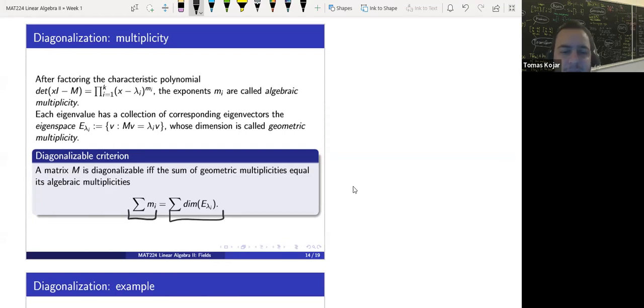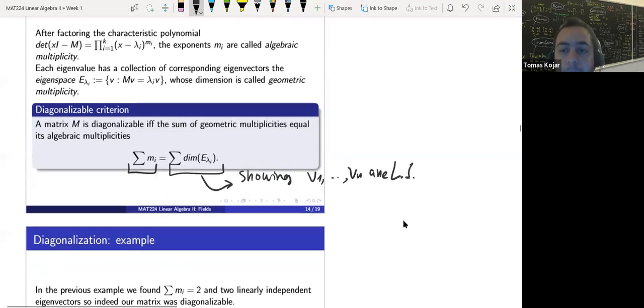The proof was basically showing that this result implies that V1 to Vn are linearly independent by contradiction. If they're not, there's some dependence and so on. You can see the details there.